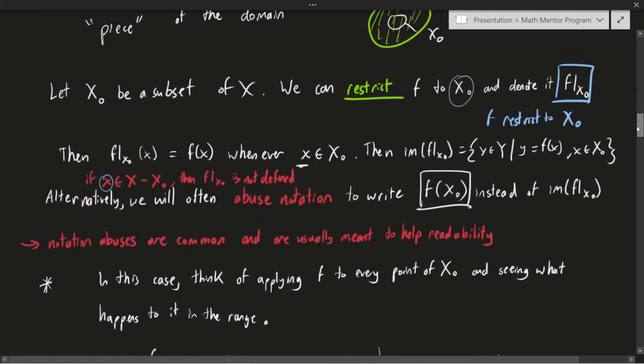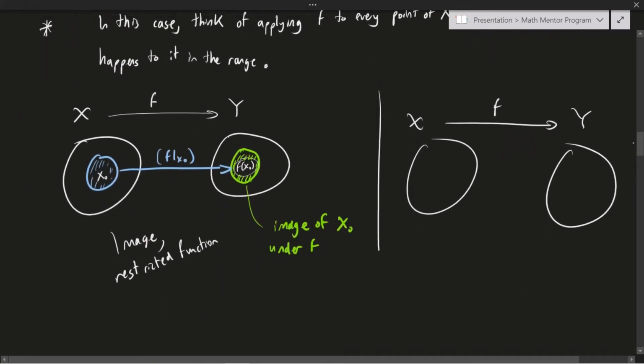So the easy way of thinking about this new notation f of big X naught, or the image of the restriction, is that we apply f to every single point in big X naught and see what happens to it in the range. Here's my picture. I'm taking a subset of X and applying f, or maybe f restricted to X naught, to every single point of my subset.